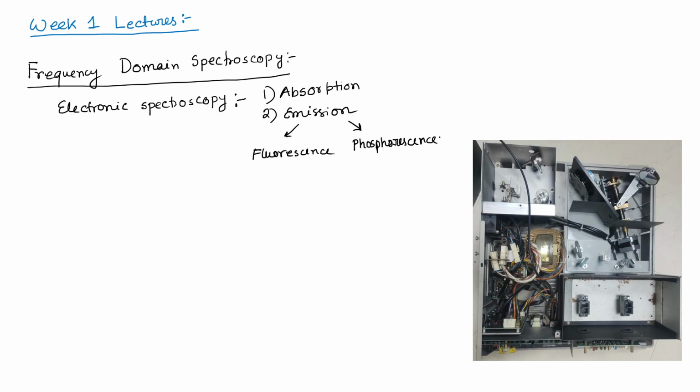Mostly it is known as the triplet T1 to S0. But for any different spin multiplicity, a radiative transition will be known as phosphorescence, and a radiative transition between states of similar multiplicity is fluorescence.